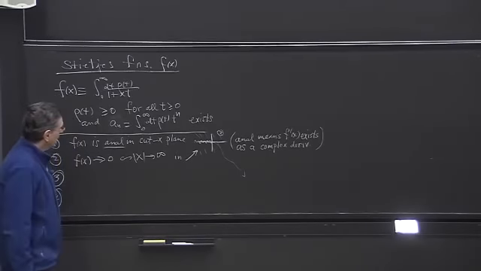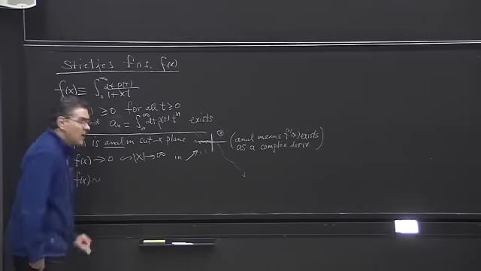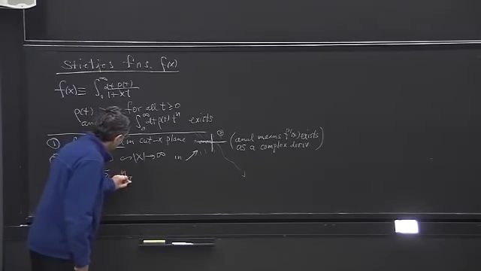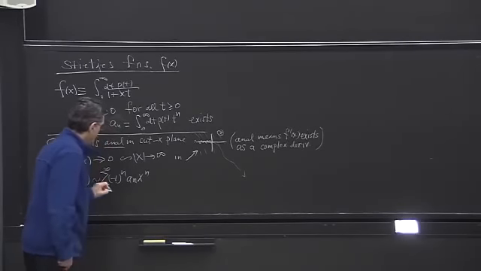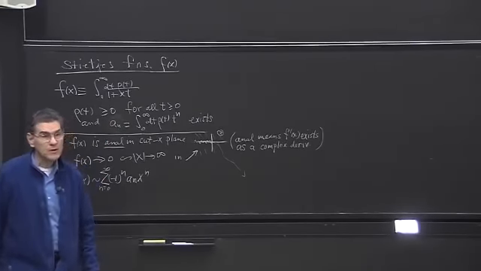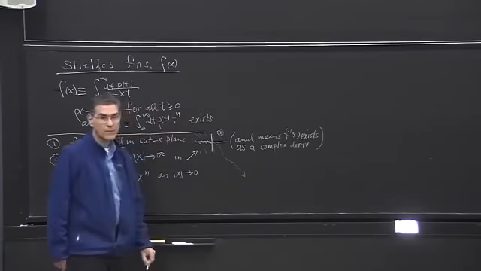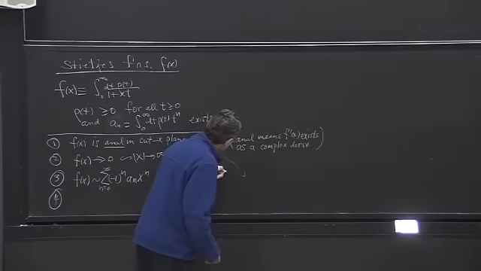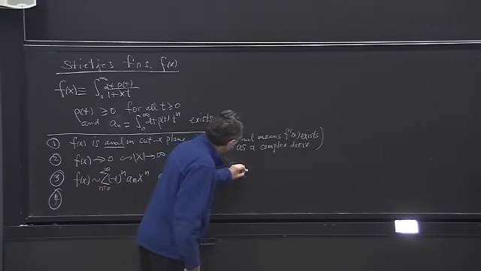And the third property is that f of x is asymptotic to the series sum of minus 1 to the n, a sub n, x to the n, in the sense of an asymptotic series, as x goes to 0, and the argument of x lies between minus pi and pi.